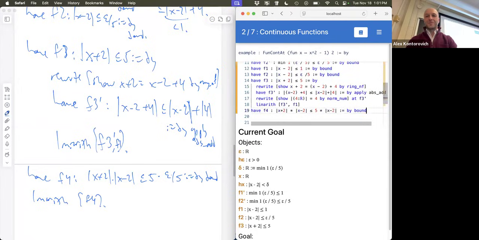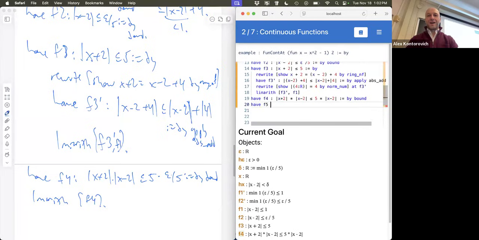This I think it can do. Beautiful. And have F5, which is 5 times the absolute value of x minus 2 is less than or equal to 5 times epsilon over 5. That it can also do. And now, linarith, F4 and F5.